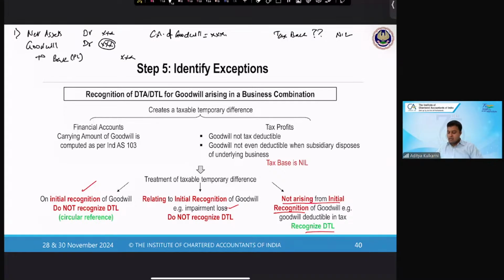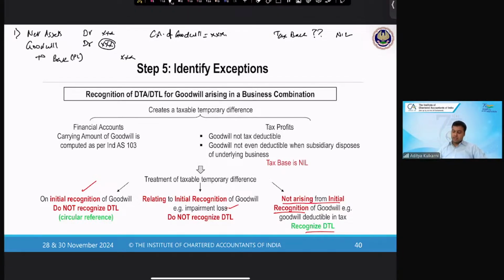Also, as he said, for tax profits, goodwill is not tax deductible. So you could take the other view also, that goodwill is not tax deductible. Goodwill is not even deductible when the subsidiary disposes of the underlying business. So the tax base is nil. Tax base is always nil for goodwill. Okay.